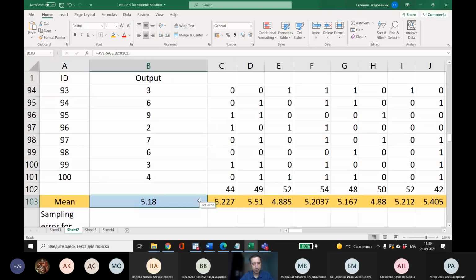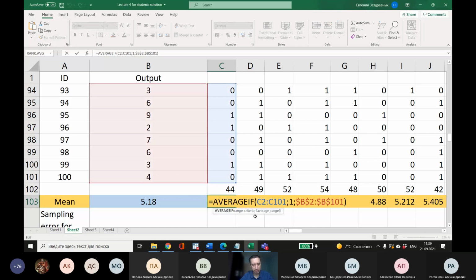Okay. Next, let's calculate sample averages. To calculate sample average, we should apply the AVERAGEIF formula. How to apply AVERAGEIF? First, we should use range. Our range is our binary values. Criteria is 1. 1 means that we surveyed the person.